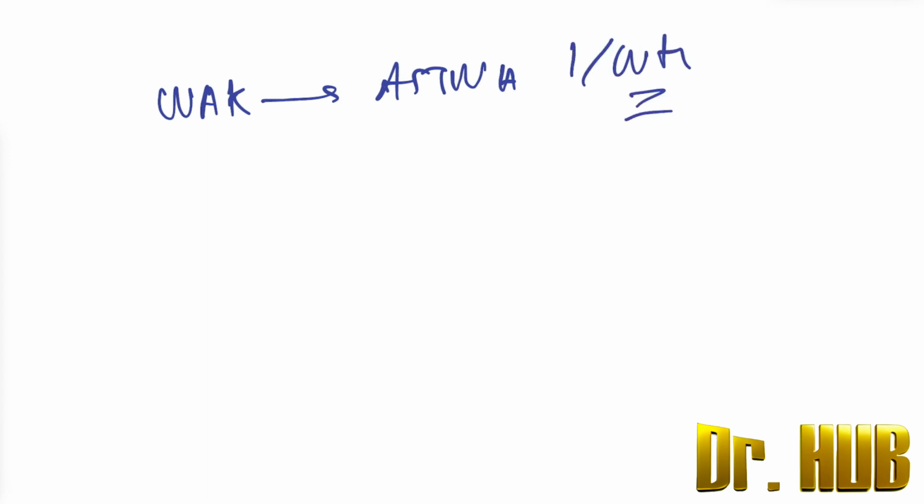Here, in step 3, you give low dose maintenance ICS as well as LABA. LABA stands for long acting beta agonist.